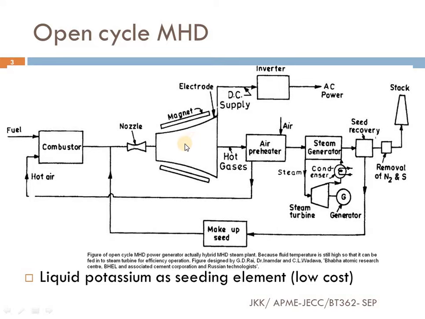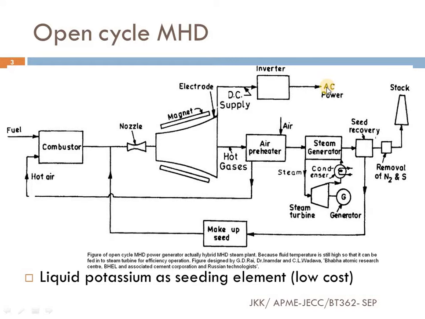We can place electrodes, arranged perpendicular to both the magnetic flux lines and the hot gas flow direction, so that we can extract the electrical energy. That will be a DC supply, and we need an inverter to convert it into alternating current. So we got the current.